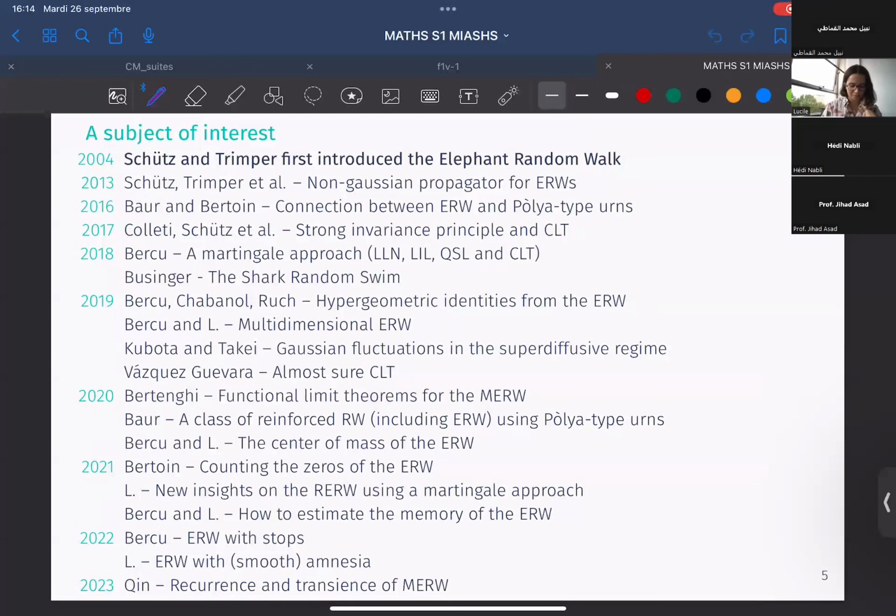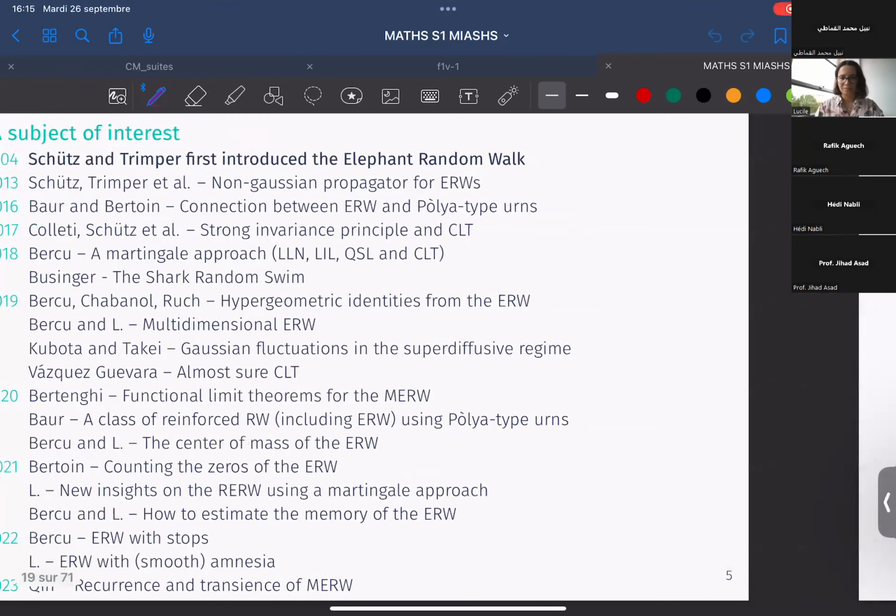So this is the last one I'm going to present here. Another thing that can be interesting is when the memory of the elephant random walk is no longer uniform. Because in the case that we are interested in here, we keep the memory uniform, but it's possible to change the memory, and so this has also been studied.